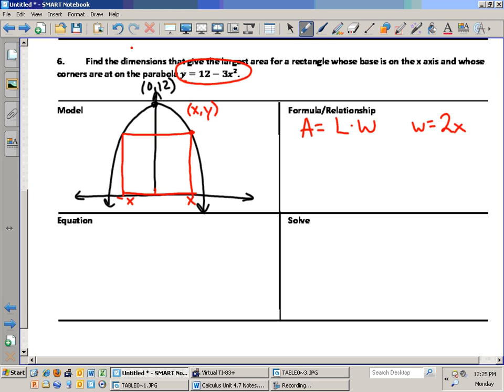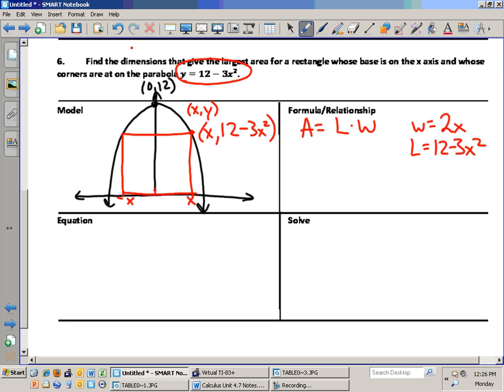So instead of y, I could just write my coordinate as x and 12 minus 3x squared. So Ashley says that my height is y. She's exactly correct. But we also know that y is equal to the function value, which is 12 minus 3x squared. So my length or my height, same difference, is 12 minus 3x squared. So that's what I have.